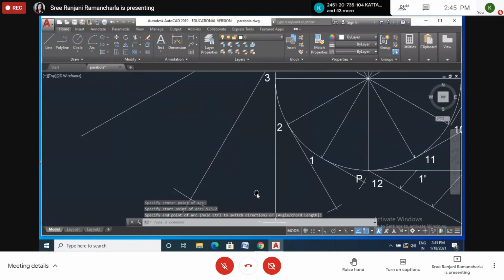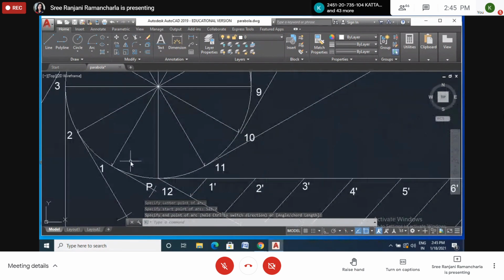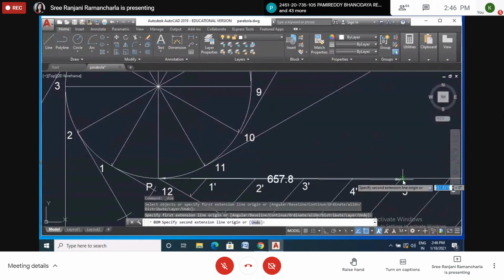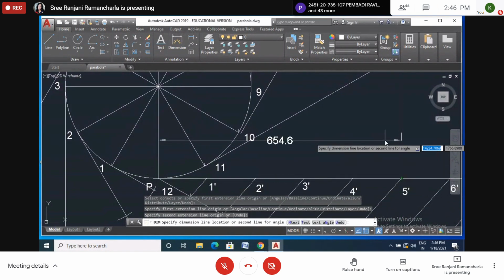This is P4. So I think few of you are completed, right? Who are completed all, draw and join all P1, P2, P3, P4 with free hand. Don't draw with compass. Draw with free hand.